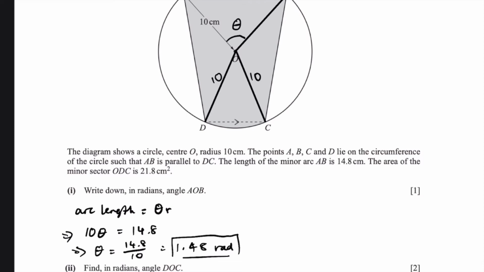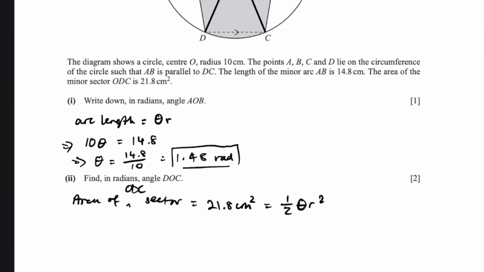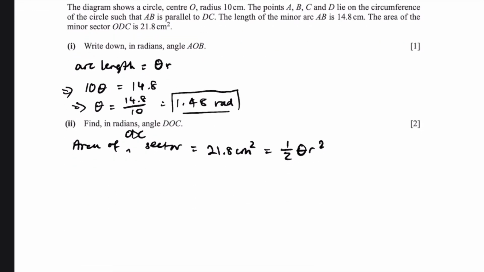So we can actually use that to help us. So we know the area of a sector is 21.8 cm squared, or it's equal to half theta r squared. Area of sector ODC, let me mention that. So what we can do is we can substitute what we know. We know the radius. We can find the angle by then solving for theta.